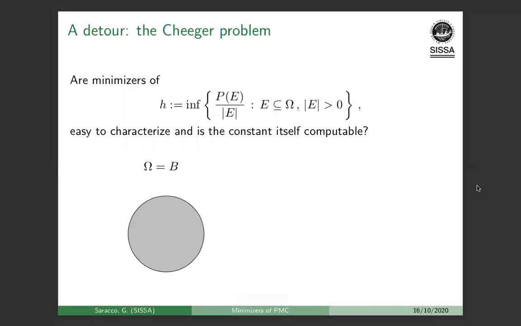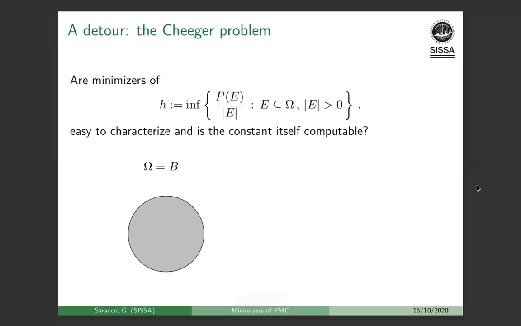First one: take the box omega to be a ball. This set has a unique Cheeger set, which is given by the ball itself. And this is basically a consequence of the isoperimetric inequality. From now on, in all my figures, unless noted, the grayed out area is the minimizer.